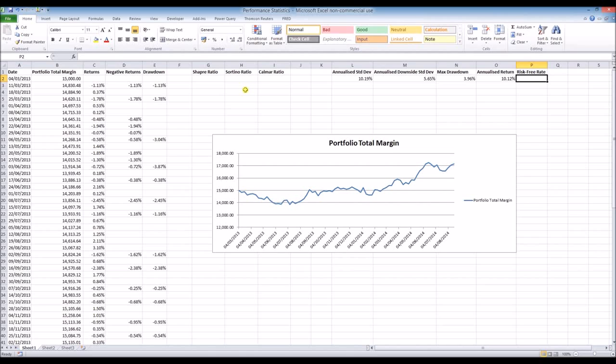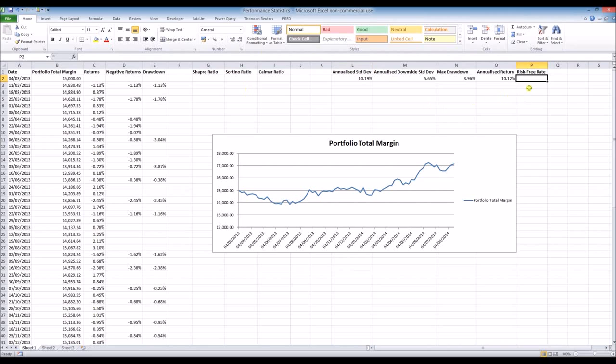And the numerator, so the top of the equation that calculates the performance, the return, is then adjusted by the risk-free rate so that we only reward ourselves within the ratio for returns that are above a risk-free rate of return.